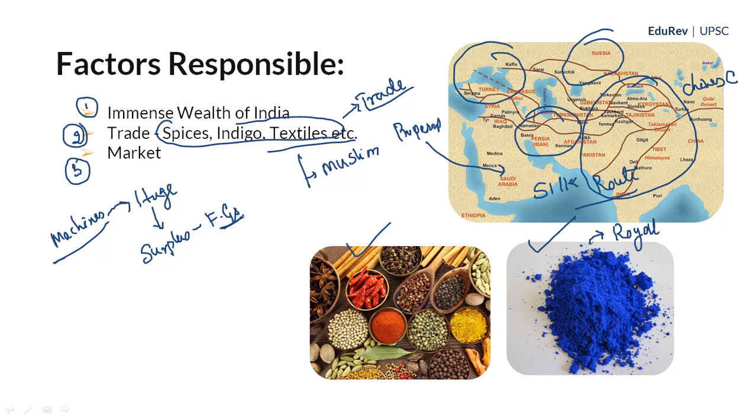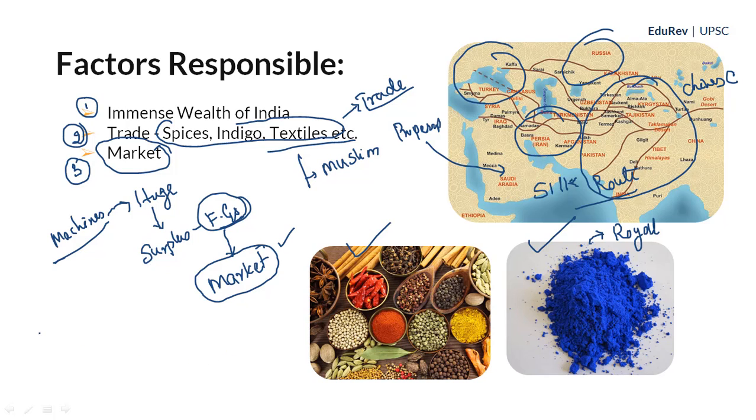They have a huge amount of finished goods and are now looking to sell them in a market, because domestic demand has been satisfied by this production. Now there is overproduction, and this overproduction must be sold in a market, and India has become a suitable market for them. So two things you have to remember with respect to India.